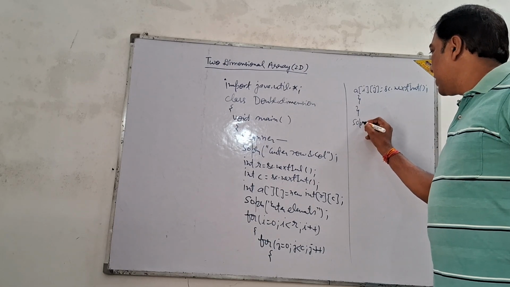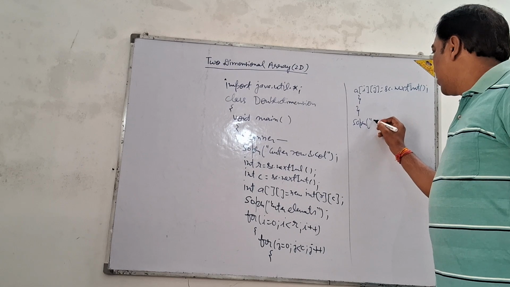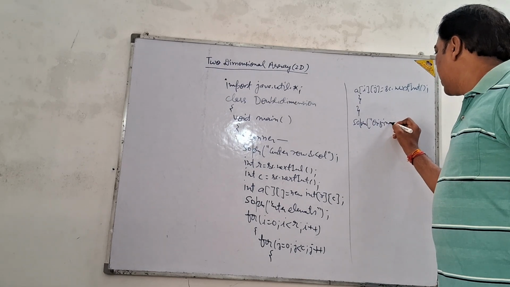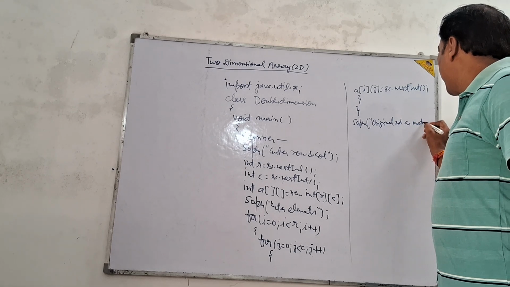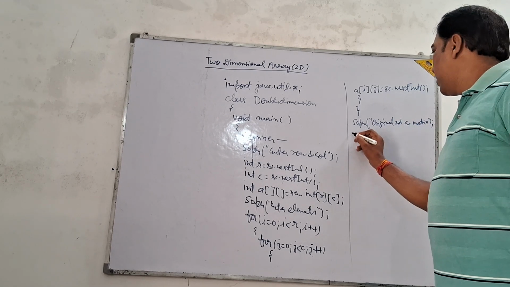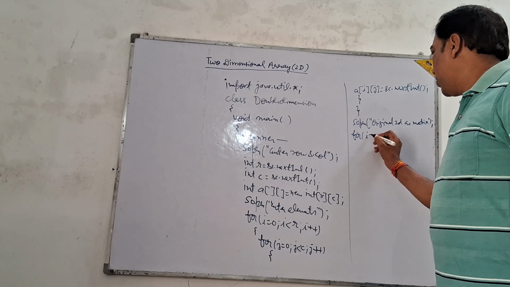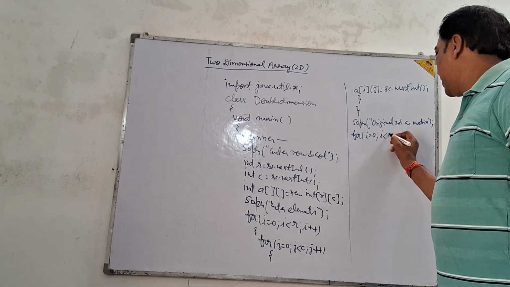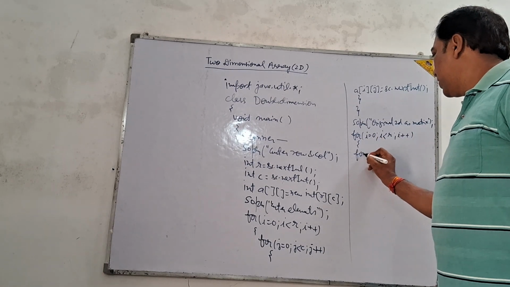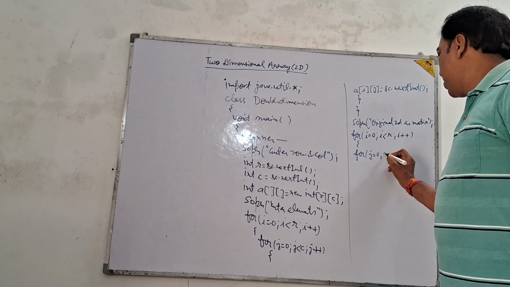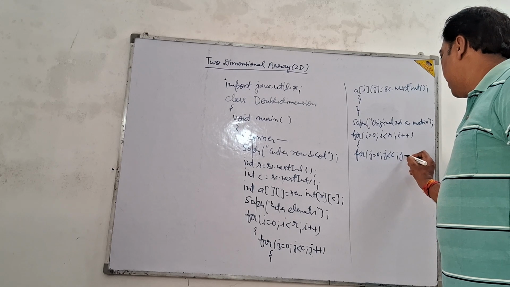We can give a message like here, original 2D as matrix. The first loop is the same: for i equal to 0, i less than R, i plus plus. The second loop is for j equal to 0, j less than C, j plus plus.